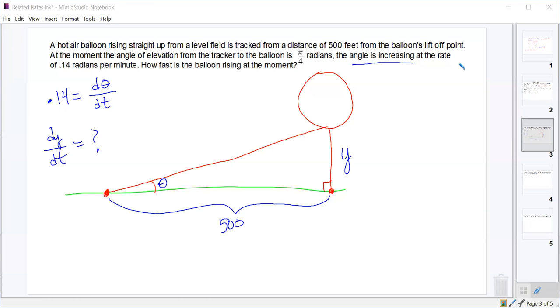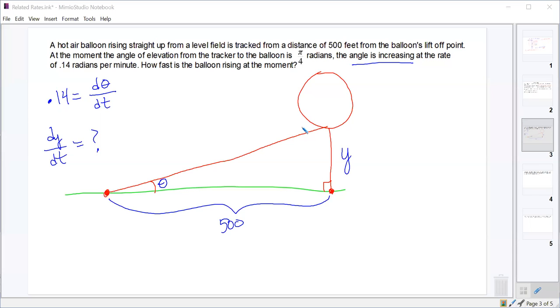So what's the equation that we're going to use to relate y and theta together? 500 divided by sine theta equals y. I don't think that that's true. 500 divided by sine theta is not going to equal y. Let's think of something that's a little bit simpler.